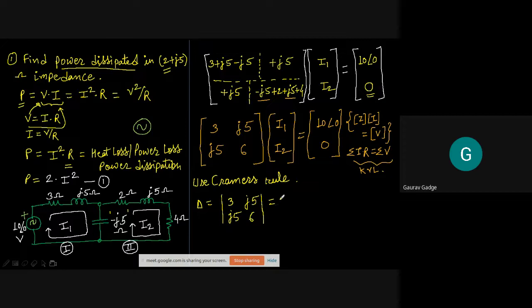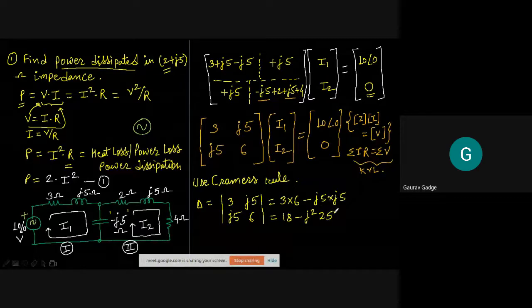So here your mod value you will find how? Magnitude 3 into 6, cross multiply these two terms. 3 into 6 minus J5 into J5. Now 3 into 6 is 6 3s are 18, minus J into J is J square. 5 5s are 25.